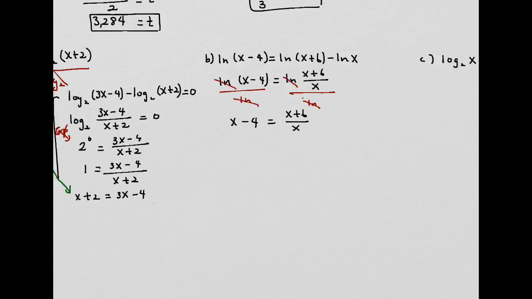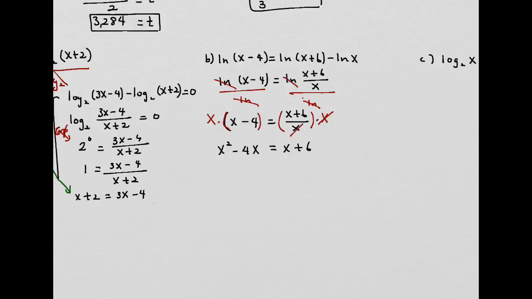And then you can get rid of x by multiplying both sides by x, so that you get rid of the fractions, right? So then you get x squared minus 4x equals x plus 6.